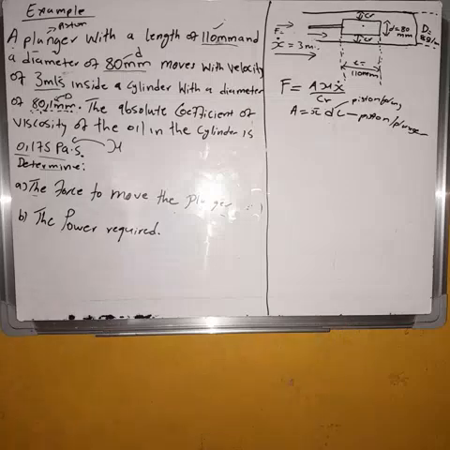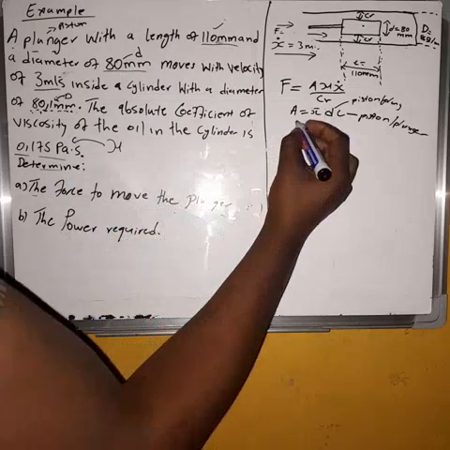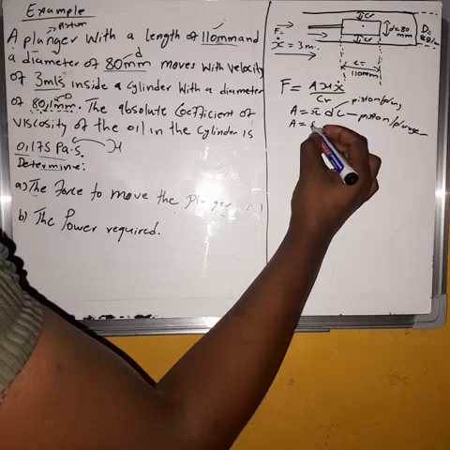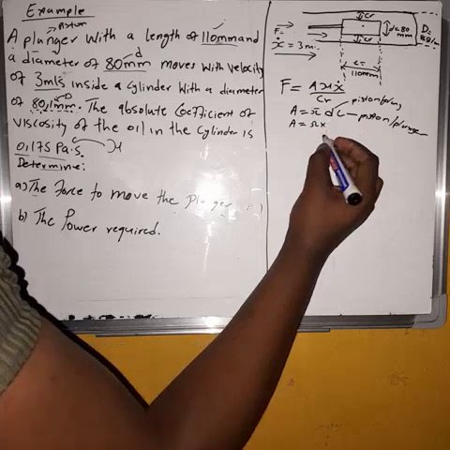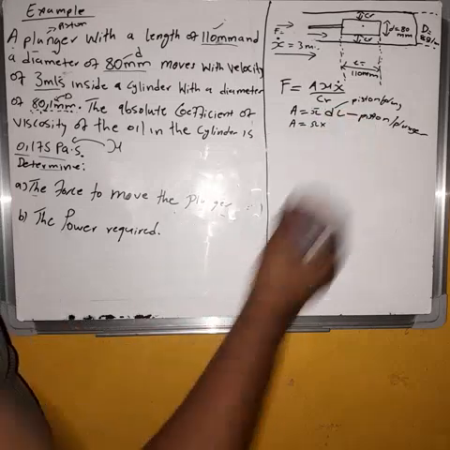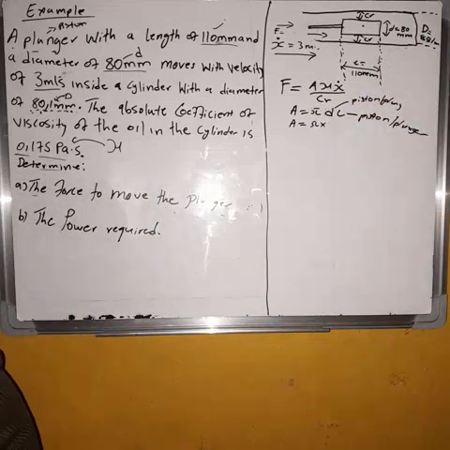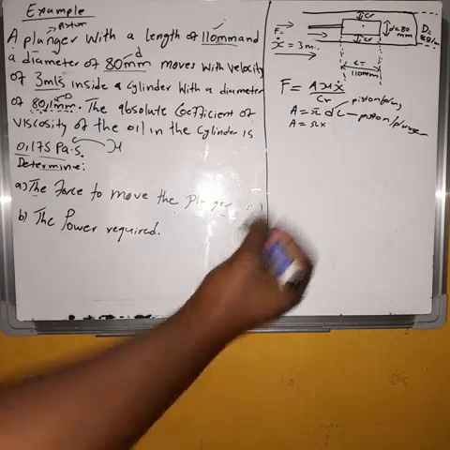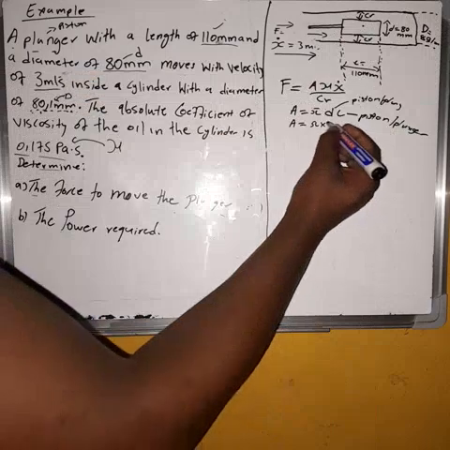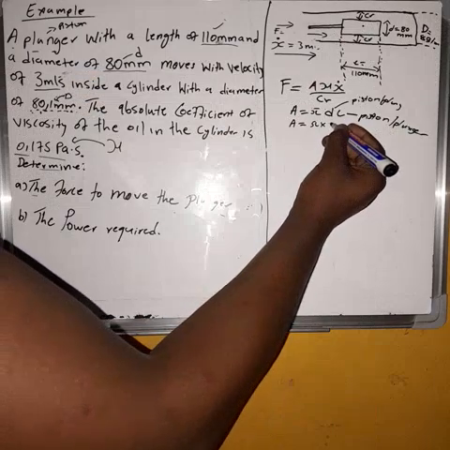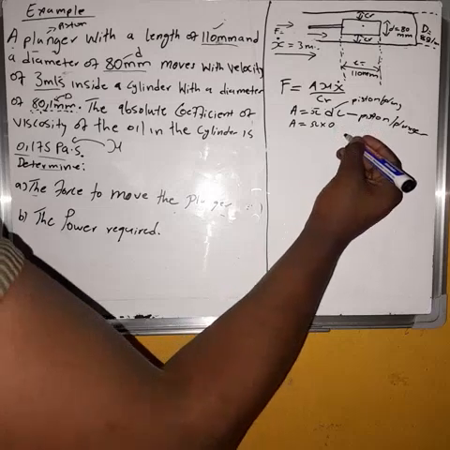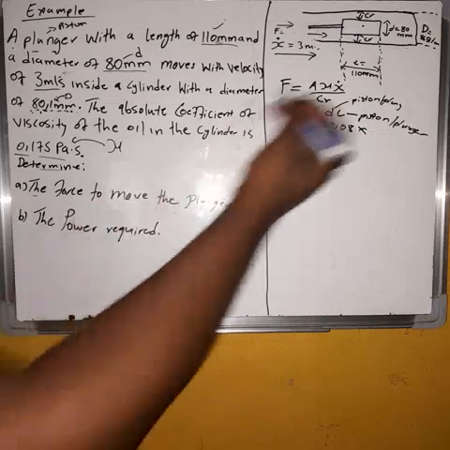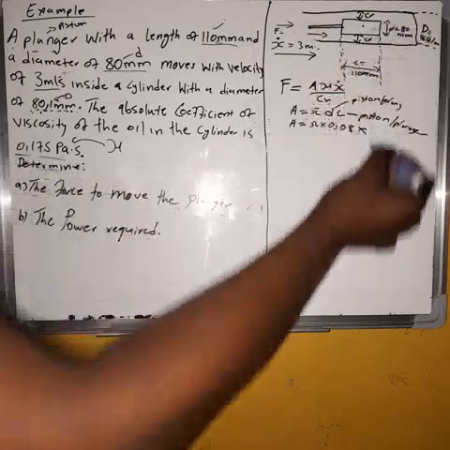You understand? Area. So if we substitute, area is equal to pi multiplied by the small diameter, which is 80 millimeters. Then you punch your calculator. Divide 80 by 1000 to get 0.08. You multiply by the length of the piston, not of the cylinder.